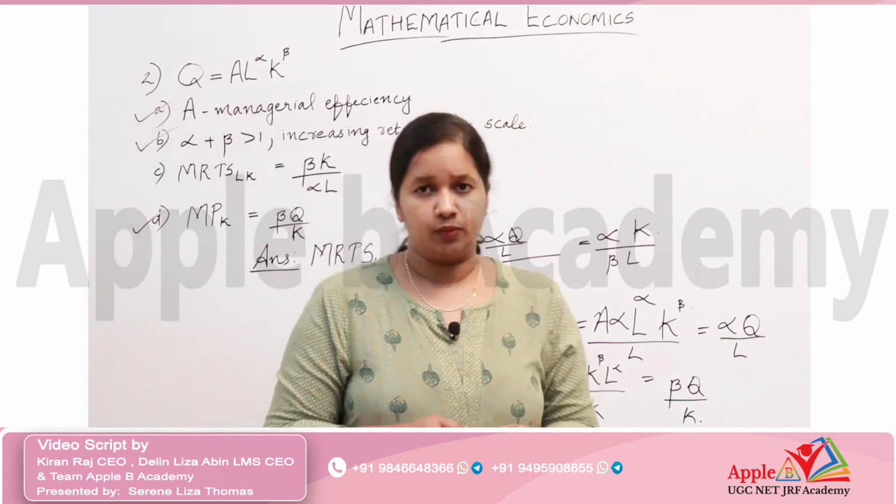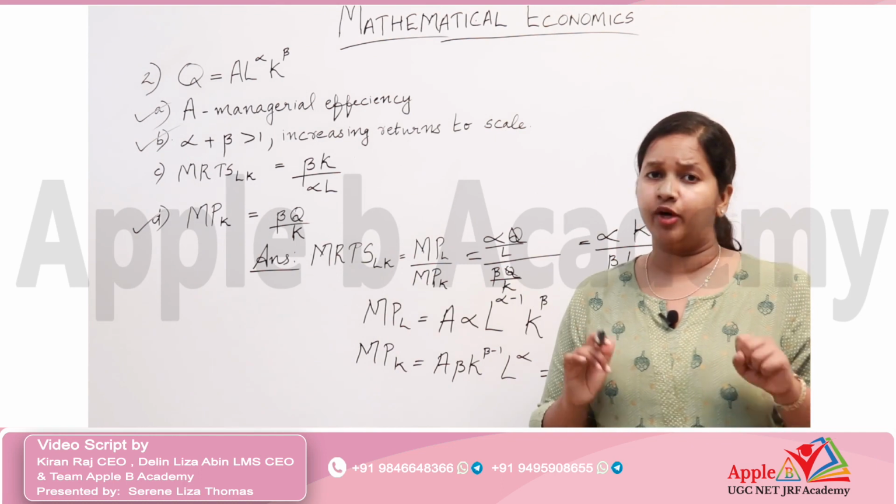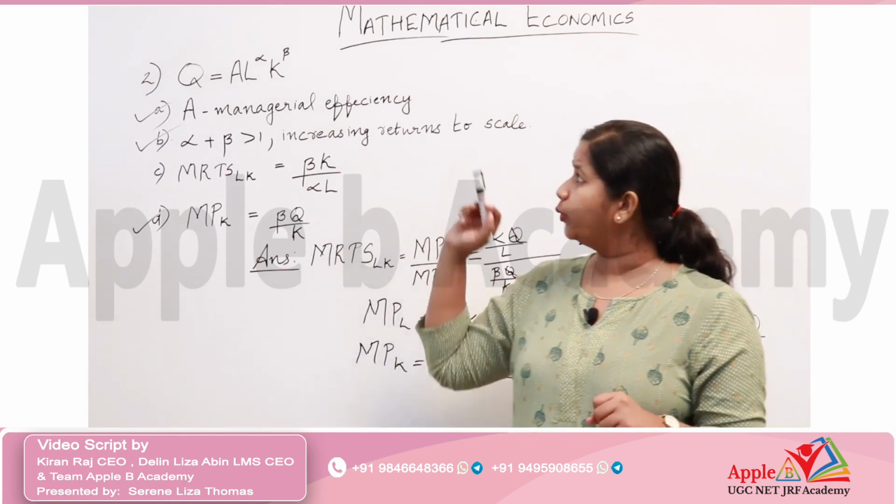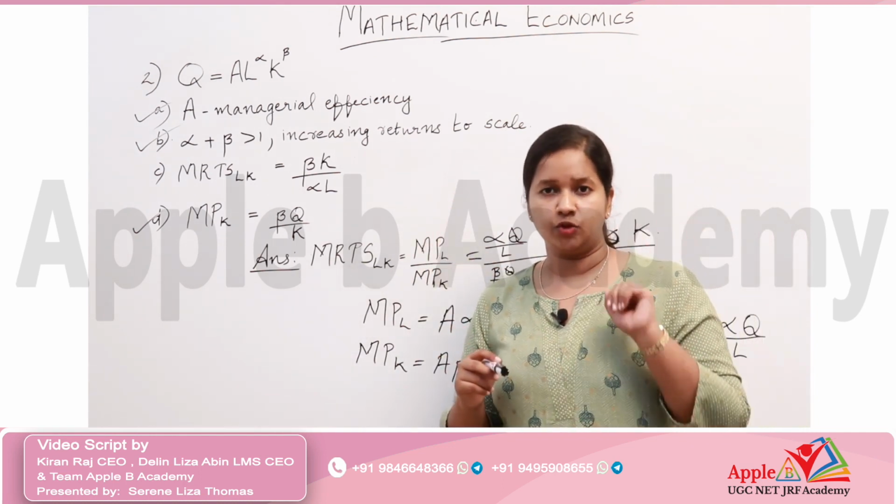I will explain it once more. We have a production function given here, Q equals A L raised to alpha K raised to beta.